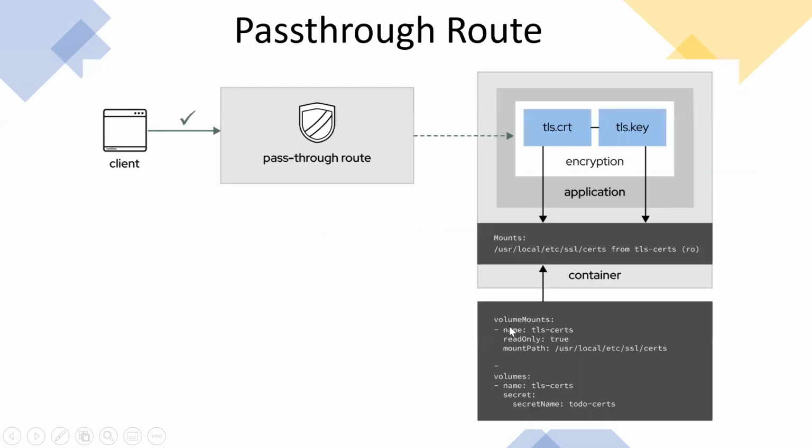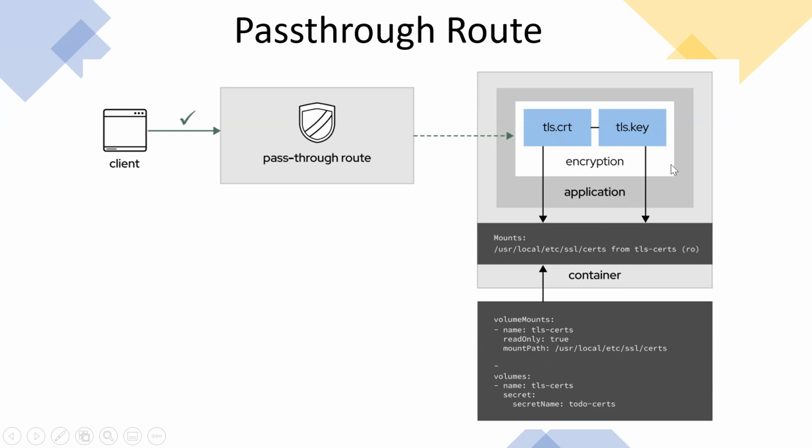Let me go ahead. If we discuss the pass-through route, the encryption will be applied between the client and the container in which your application is running. That TLS will not terminate at the route; it will be terminated at the container itself.